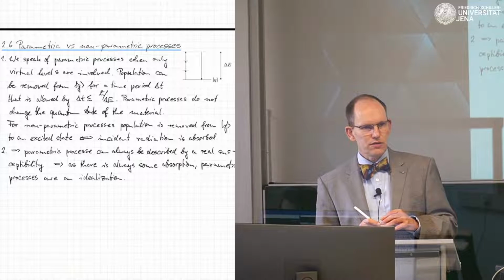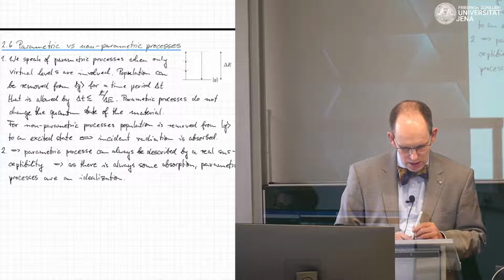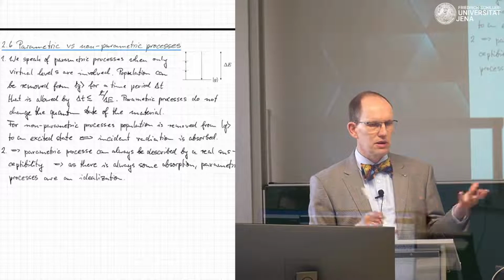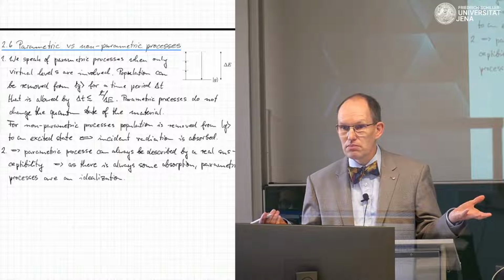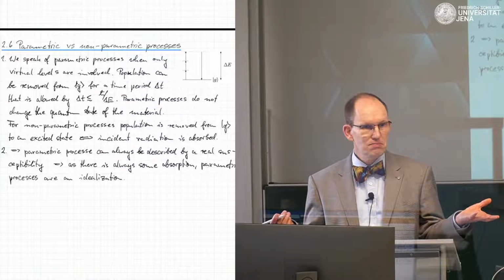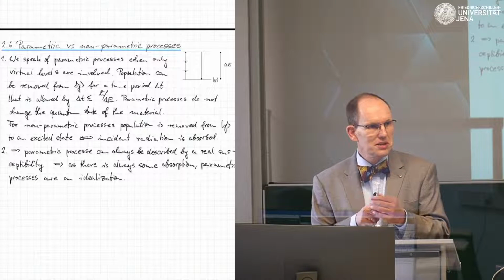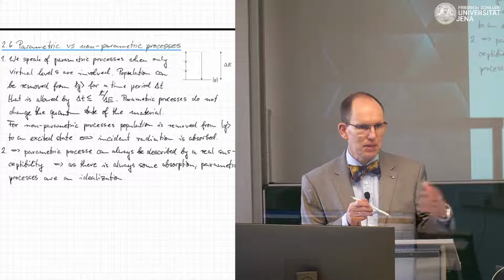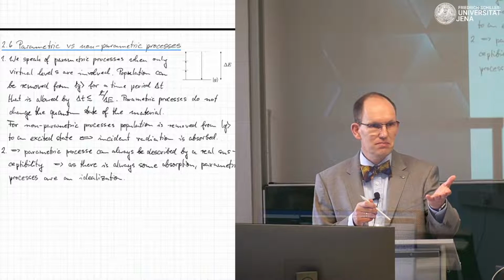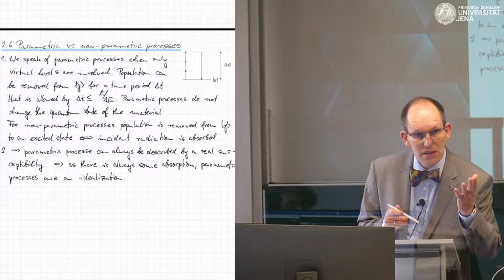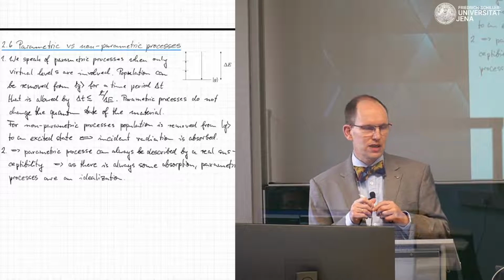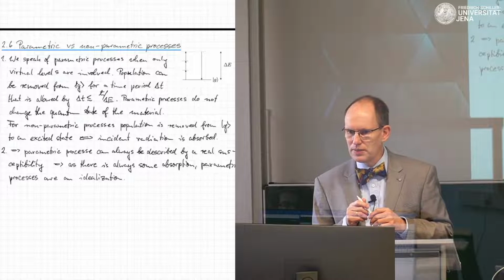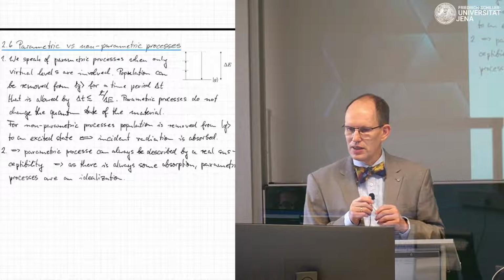Okay, let's discuss a few examples. So the most trivial example of a parametric process is, can you just think of a few? So second harmonic generation, that would be one.